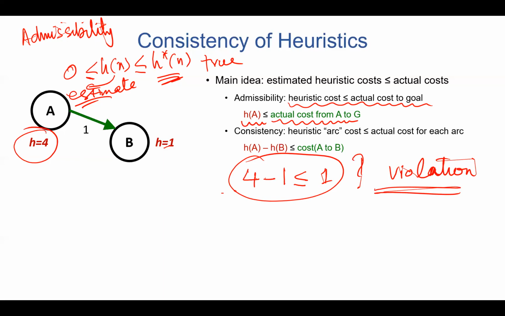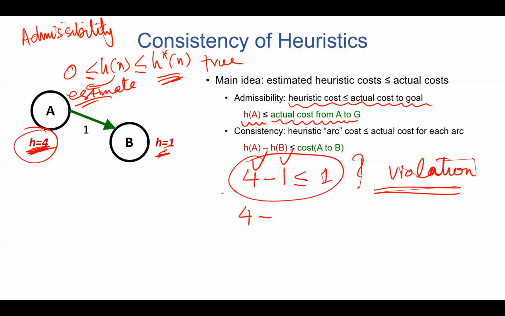This is where A star works the most. It actually adjusts the heuristics several times, applies the algorithm to make sure that this heuristic is correct. So either this is incorrect or this is incorrect.